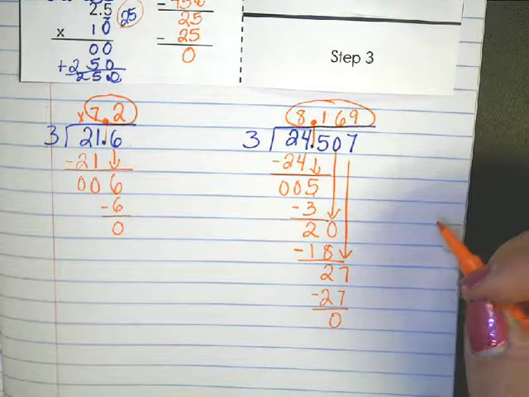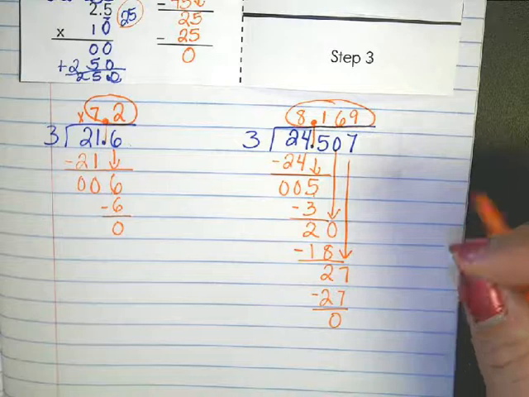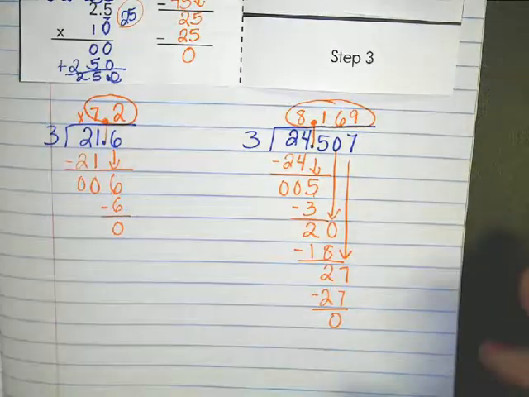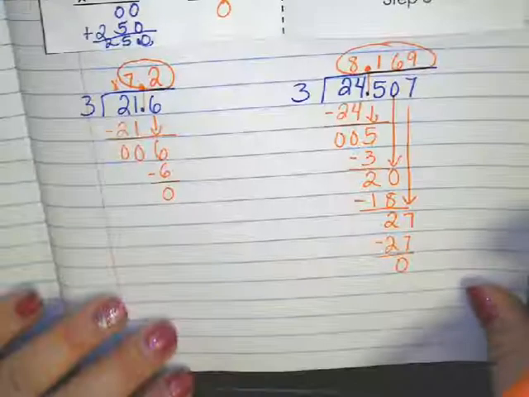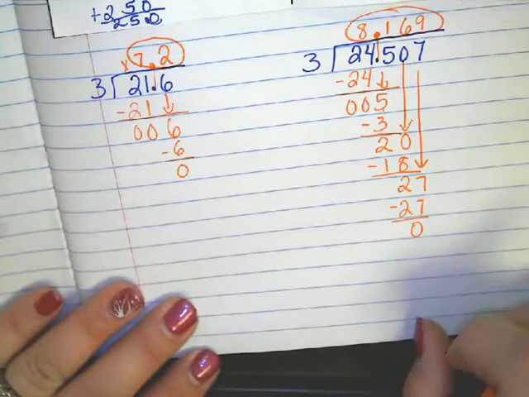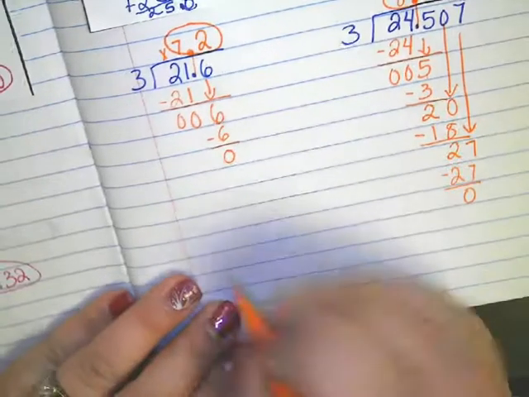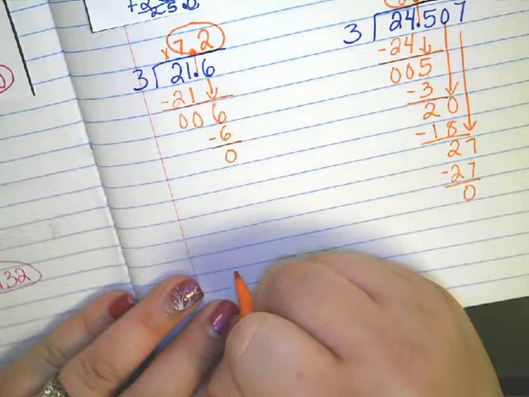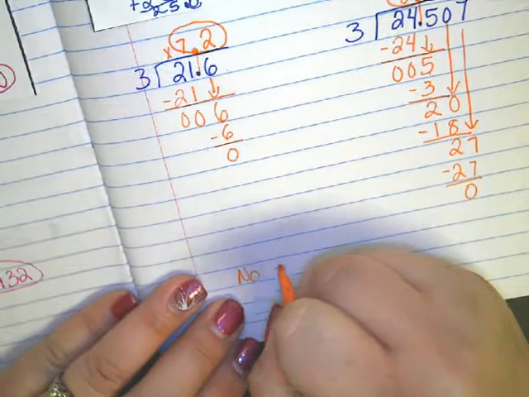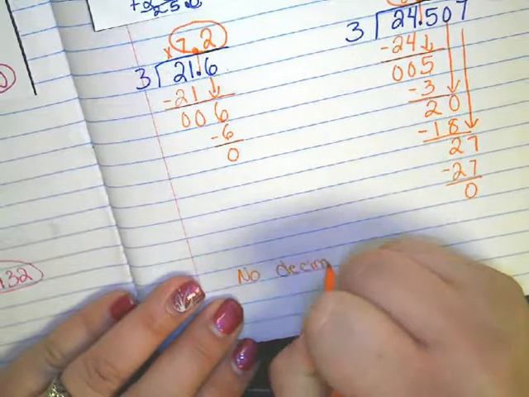Alright, so most of you are probably pretty close to out of room and not going to have much room for another problem. So what I want you to do at the bottom is to label this as no decimal in divisor.